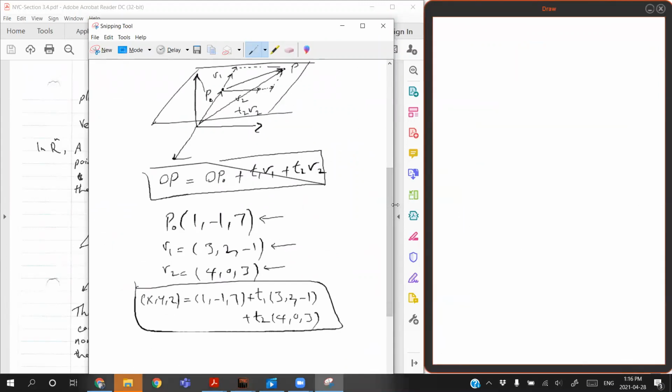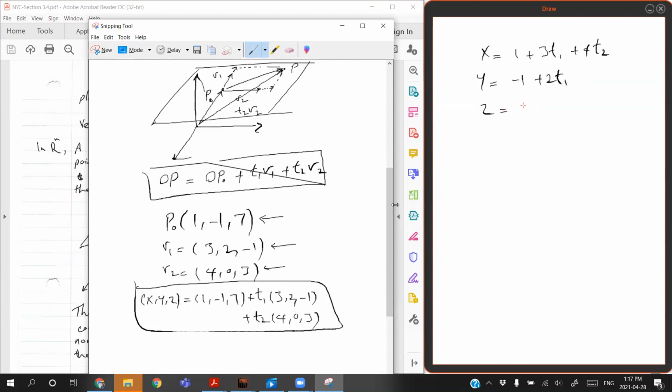If you look at this, you can see x is 1 plus 3t1 plus 4t2. y is minus 1 plus 2t1 plus 0t2, I don't need to write that.